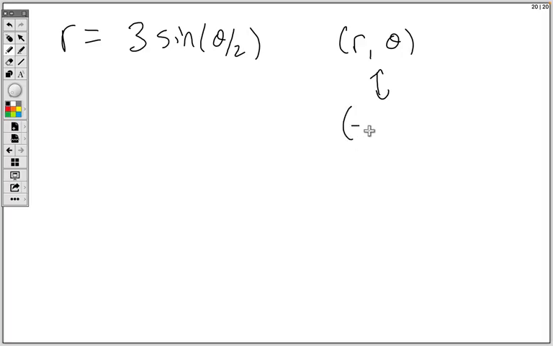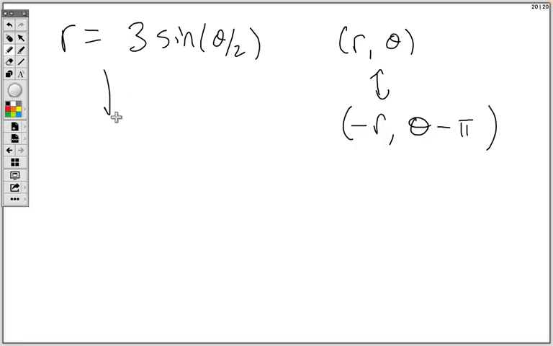So, for example, we could replace r with minus r and theta with theta minus pi, right? We could add or subtract any odd multiple of pi and get a representation of the point that corresponds to the same point on the plane.